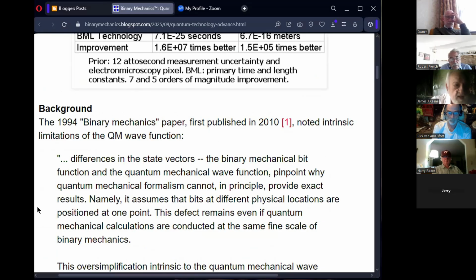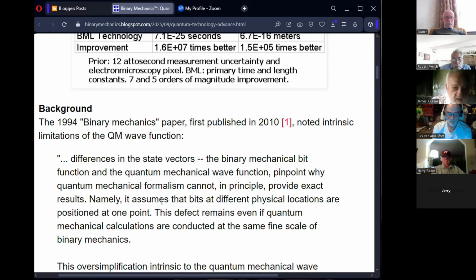Background. The 1994 binary mechanics paper, which was written back in 1994, by the way, and first published in 2010, noted intrinsic limitations of the quantum mechanic wave function. Differences in the state vectors, again the binary mechanics bit function and the quantum mechanic wave function, our system state vectors, pinpoint why quantum mechanical formalism cannot, in principle, provide exact results.